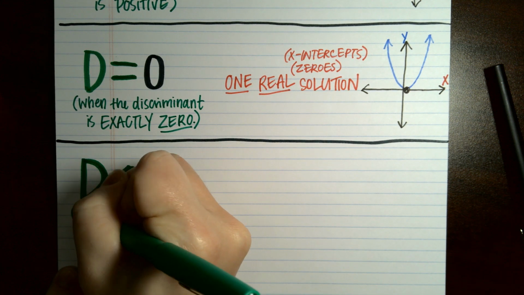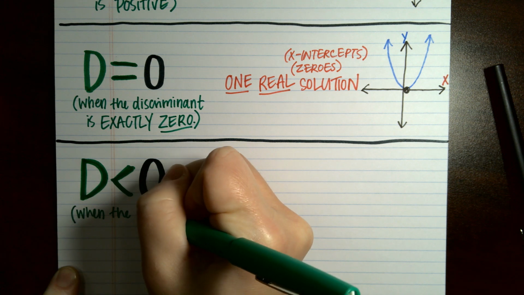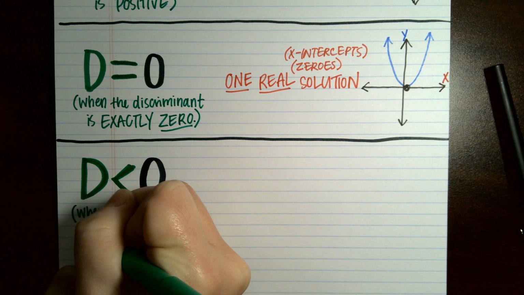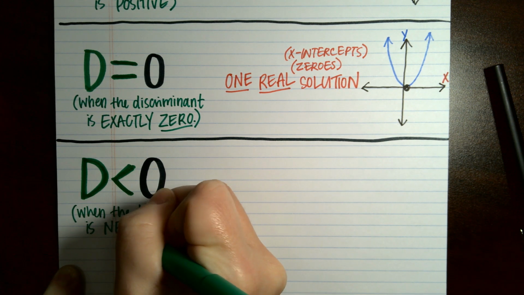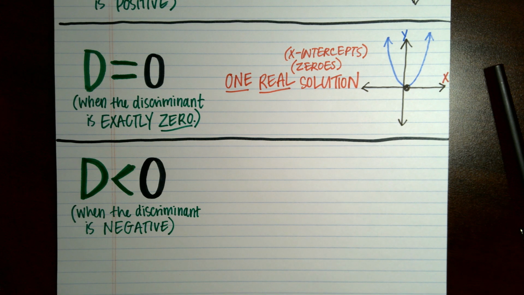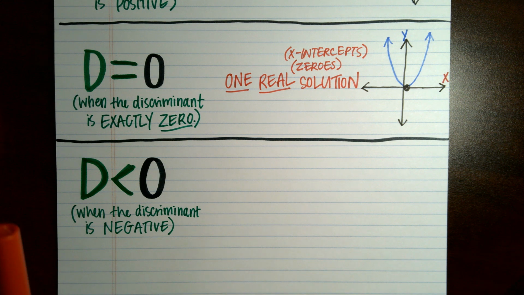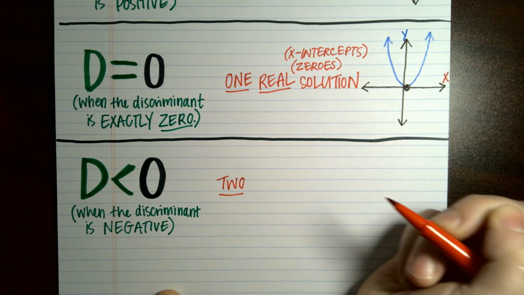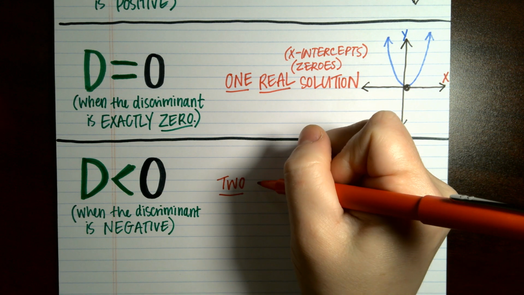I'm going to label this again. When the discriminant is negative, in this case, we're going to have 2 imaginary solutions.